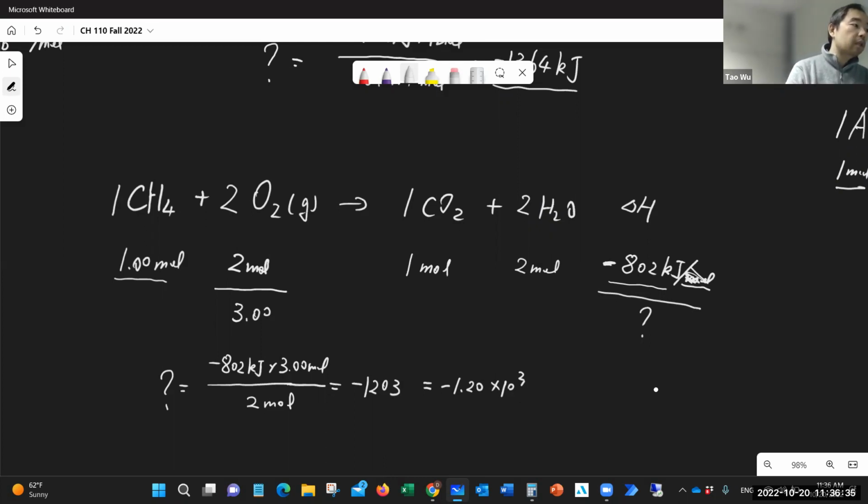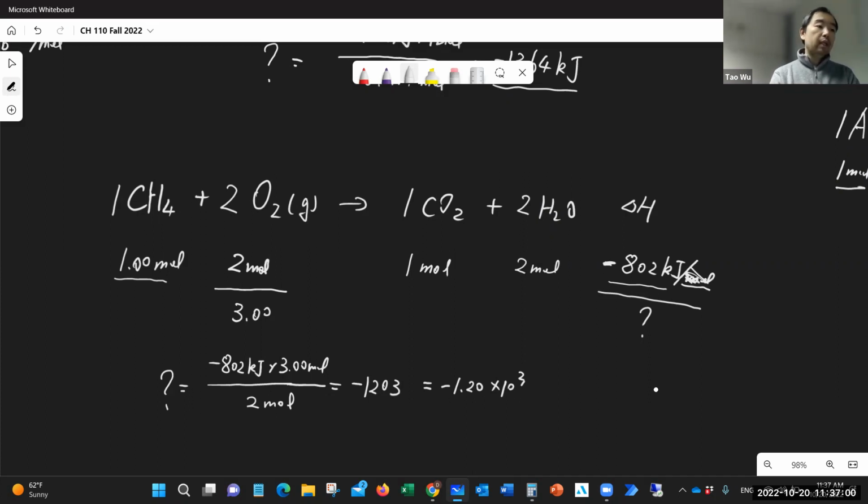So this is the tip. If the question didn't talk about the rest of the substances, based on the stoichiometry and the chemical reaction, it is already showing you how much heat they will produce, because if you complete the whole reaction, then you release that much heat. That makes sense, right?